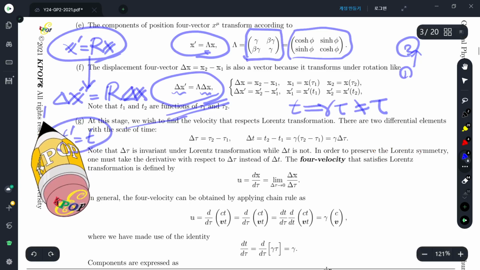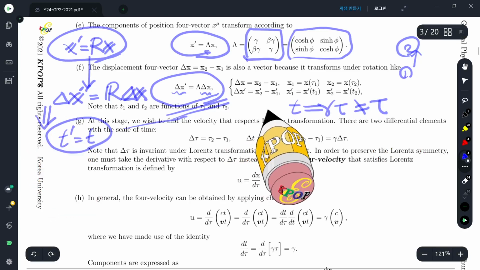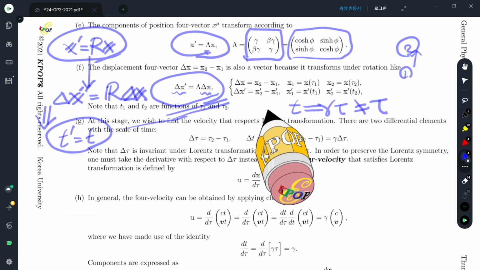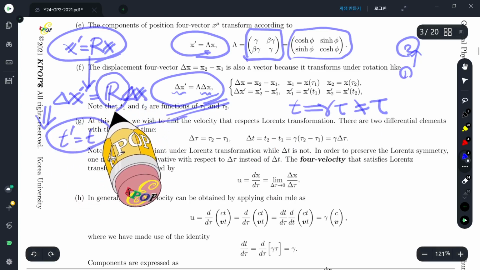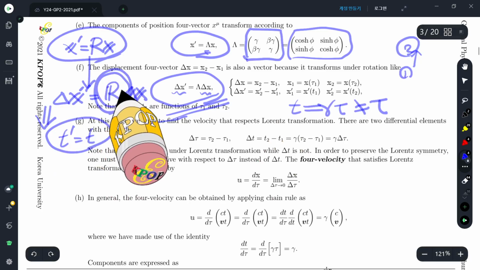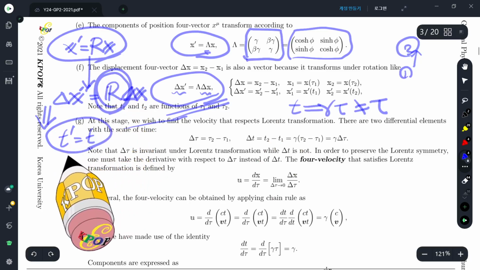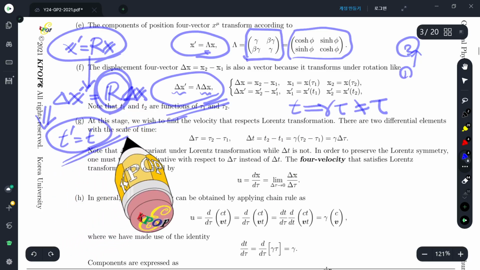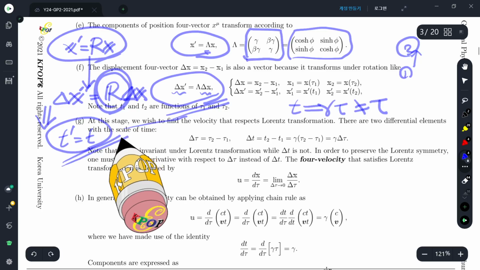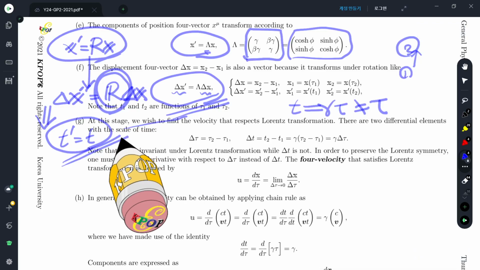So this step doesn't work at all if we consider the Lorentz transformation. If I want to keep the rotational transformation the same, I can use this strict condition that time is invariant on the Galilean transformation.